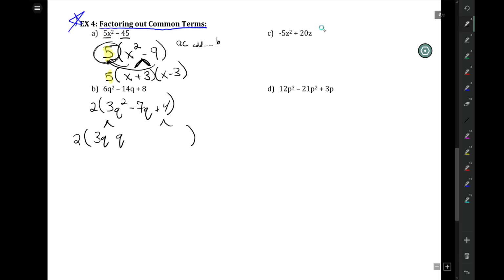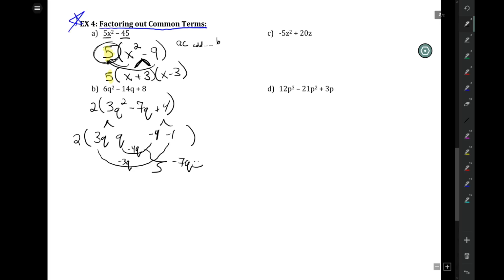Factors of 4, negative 4 and negative 1 are the ones that work out for this. Again, trial and error. 3q times negative 1 is negative 3q. Q times negative 4, negative 4q. And those together give me my negative 7.